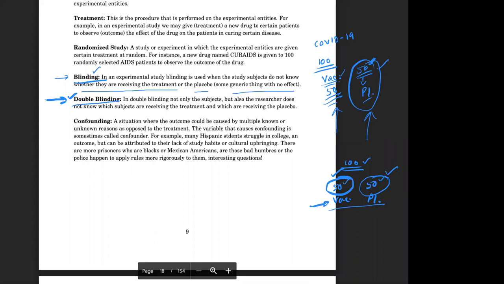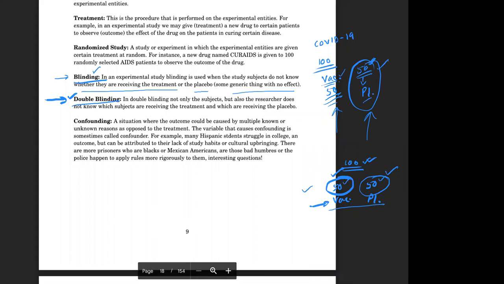In double blinding, not only do the subjects not know what they're receiving, but also the experimenter doesn't know who is receiving the stimulus versus who is not, who is receiving the placebo versus who is receiving the actual treatment.